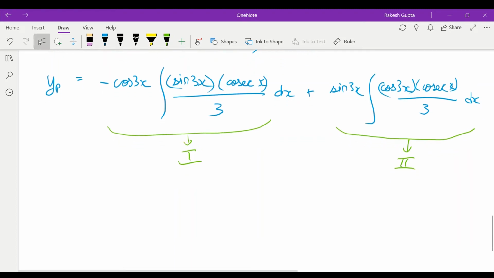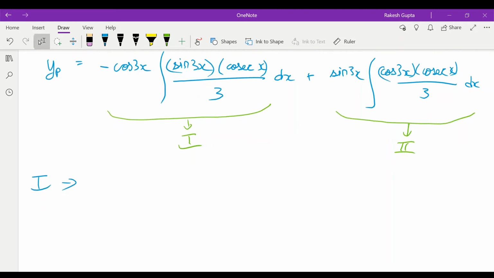So I'll continue now. We're solving for 1. Minus cos 3x. I'm just going to take the denominator 3 outside, as it does not involve any x.